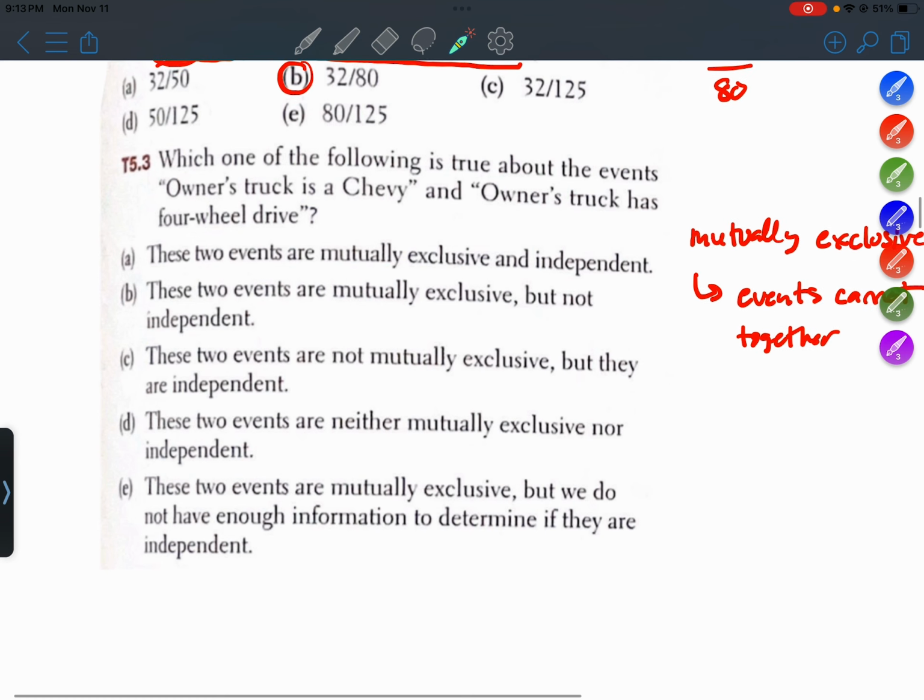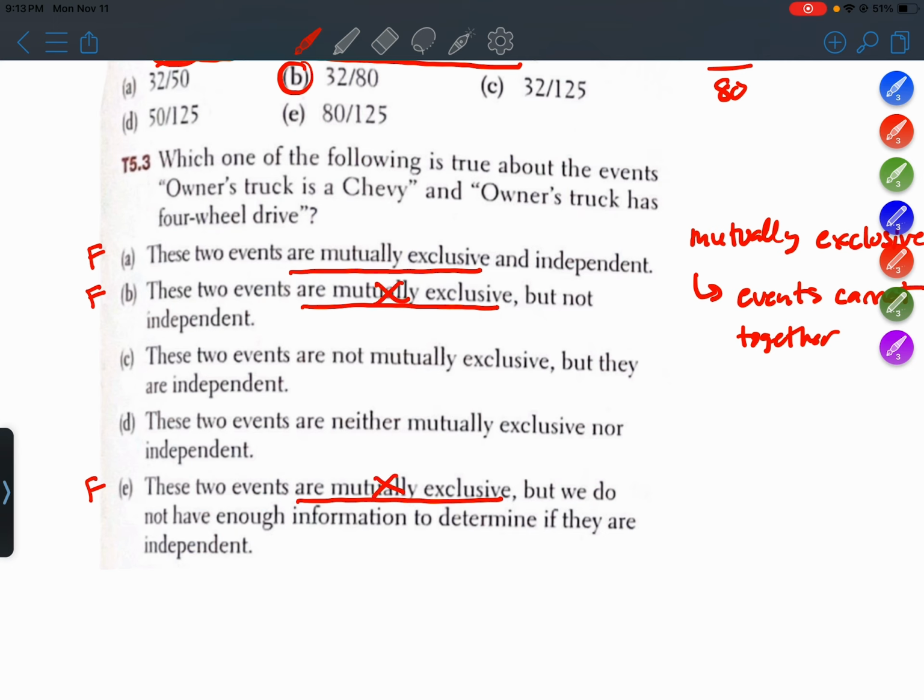So now I can go through the choices, and anything that says they're mutually exclusive is a false statement. So A is false, B is false, and E is false. To say that they are mutually exclusive is incorrect. We've already narrowed it down to 2 choices.